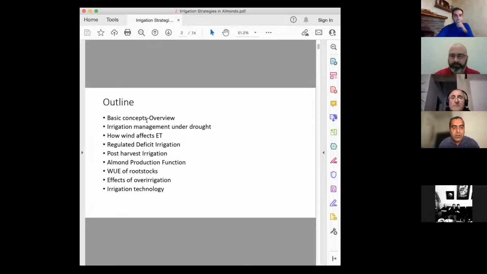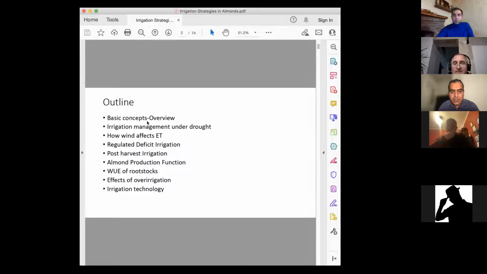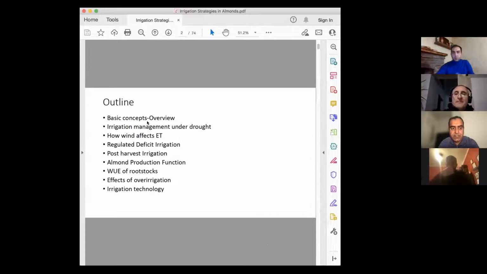So first, we will go over the basic concepts in irrigation scheduling, how we calculate water usage, how we go about evapotranspiration-based irrigation scheduling. We'll talk about the wind affecting evapotranspiration. I've seen that there are a lot of places in Georgia that have high winds. So how wind affects evapotranspiration.